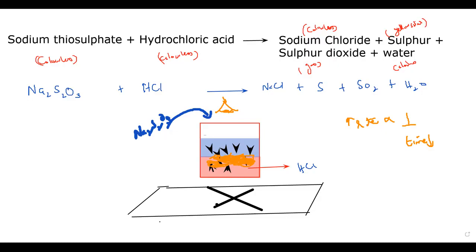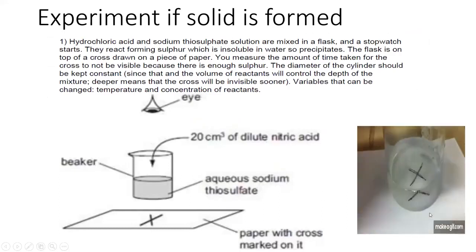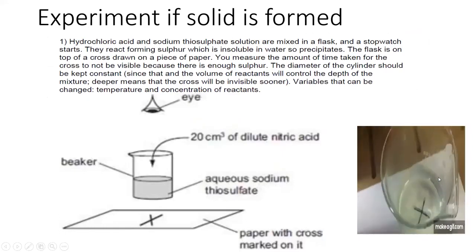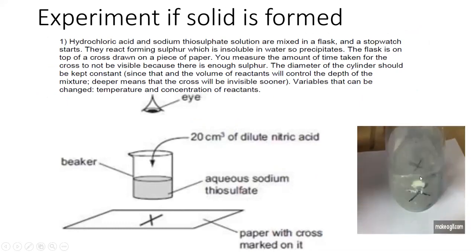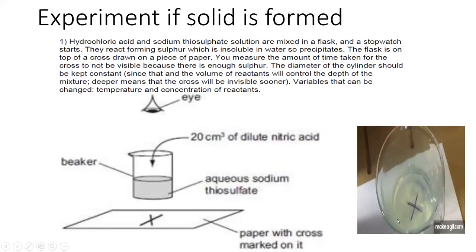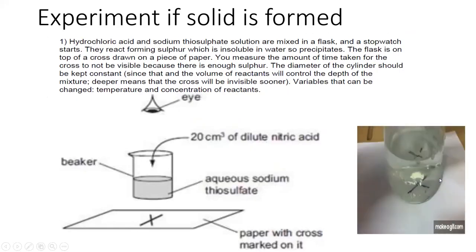As you can see here in this animated image, first we have HCl and then we add sodium thiosulfate. Or first we have sodium thiosulfate, then we add HCl. Both are colorless, we don't see anything. But after some time, when we mix the two solutions and look from the top, because sulfur starts to form, the solution will turn cloudy.